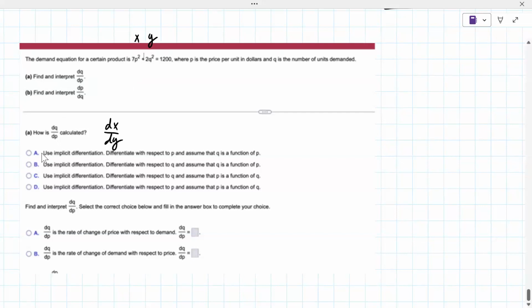If you think of it the other way, which is probably how we should start, we should think of p as y and q as x. And then we're finding dy/dx, which is more straightforward here.